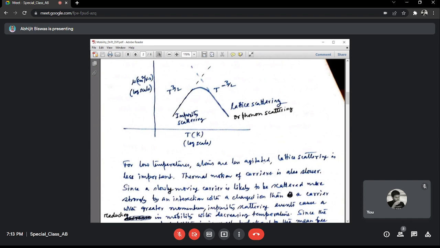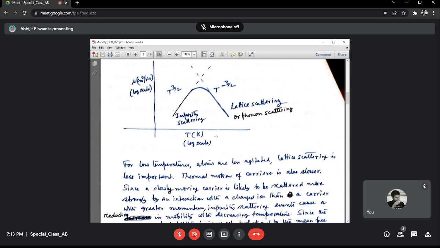When the temperature is low, mobility increases with increasing temperature, and at that time impurity scattering is a dominant mechanism. Impurity scattering means, you know that in a doped semiconductor there will be ionized charges. For example, if we consider N-type material, there will be ionized donors inside the semiconducting material.